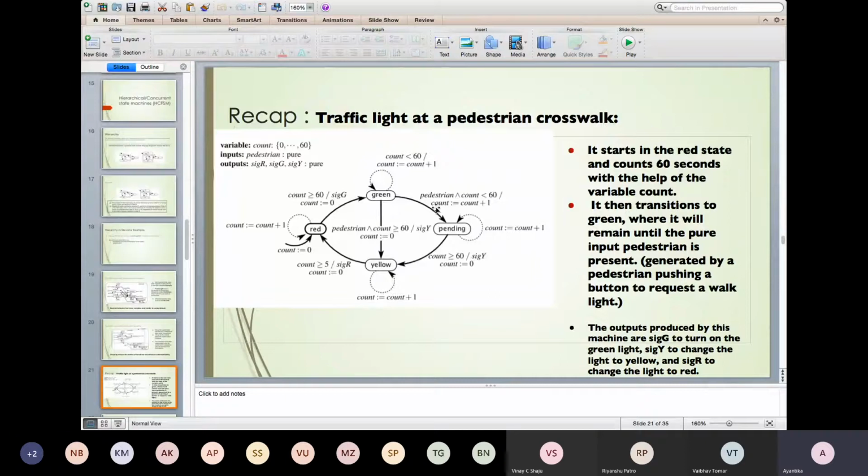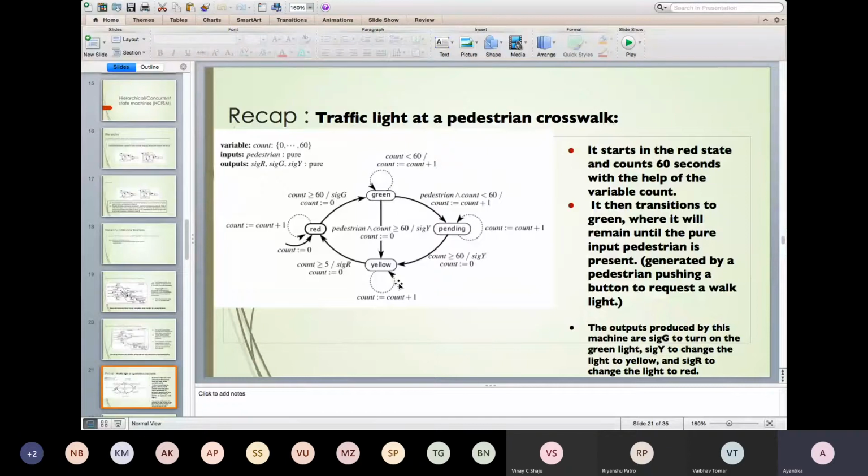You can see here from green to pending, the transition condition is pedestrian high and count less than 60. Then in the pending state, count goes to count plus 1 and so on. When it comes out of the pending state, you can see count greater than or equal to 60 is checked, and then the controller makes a transition from pending to yellow.